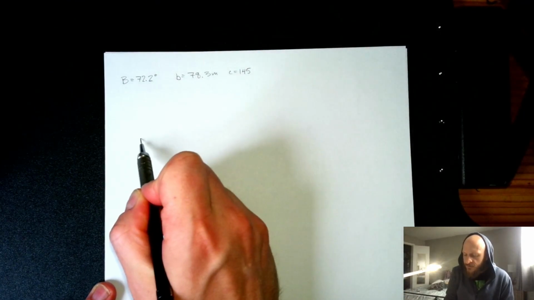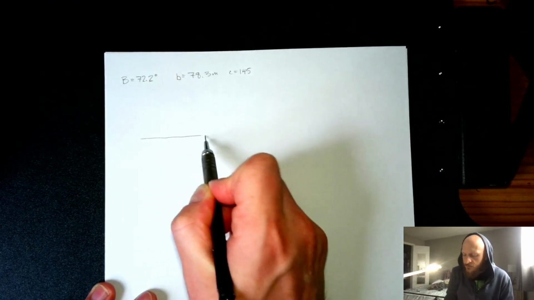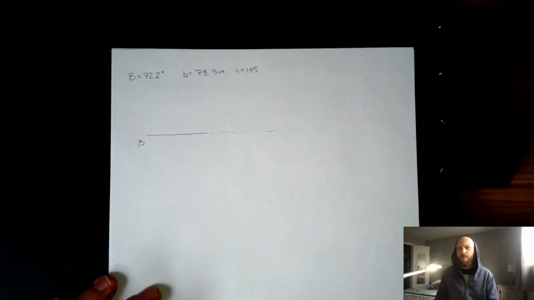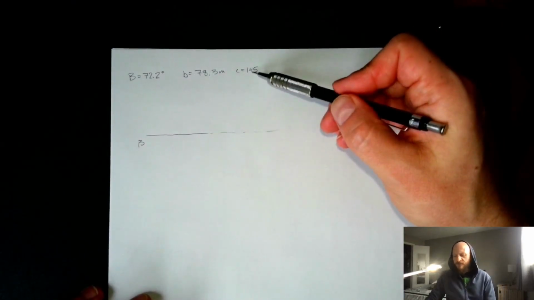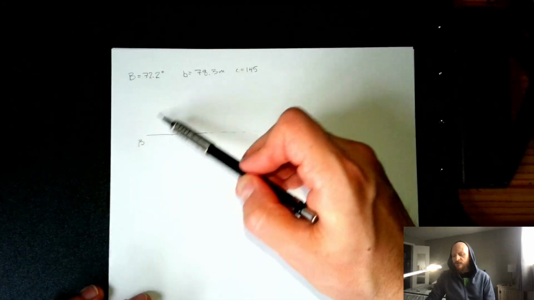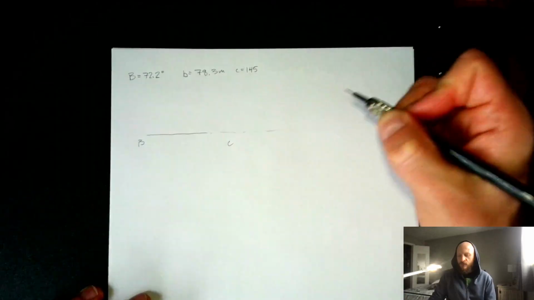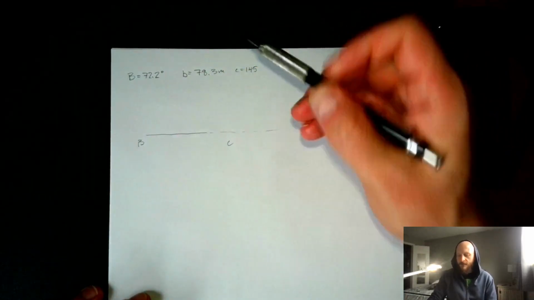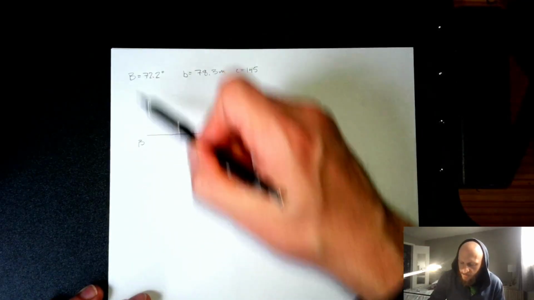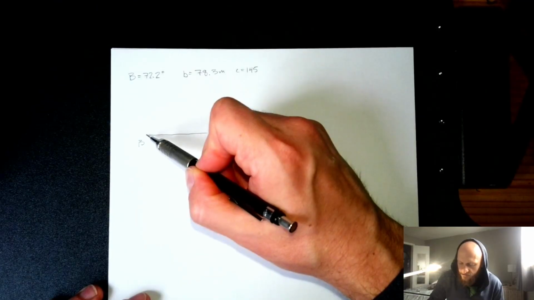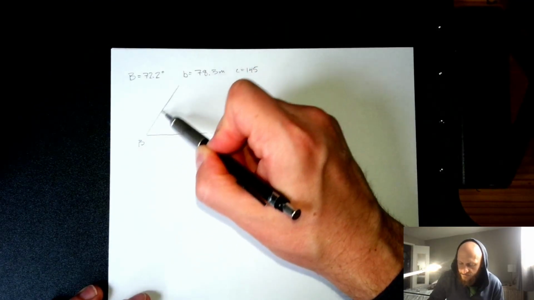All right, so we're given angle B. Same setup. The angle that we're given goes down here. I'm given side C. I want this to be side C right here, which means that angle C is somewhere over here. Angle A is going to be up at the top. So, angle B is 72.2 degrees, so maybe about like this.